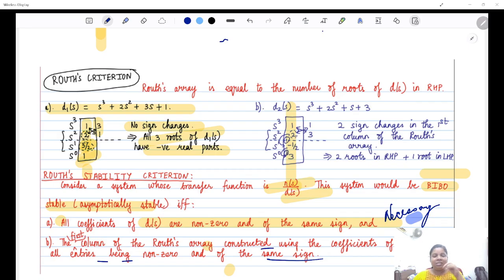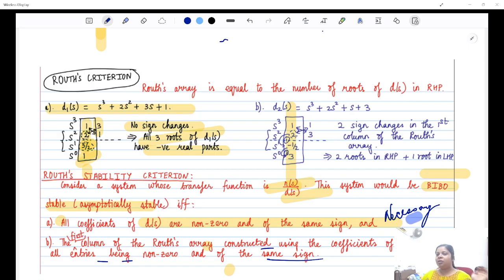Now, if it comes to be 0, that is another special case, and that has also been dealt with in the lecture, right? What happens if one of the entries in the first column is 0, and the other case is what happens if the entire row is 0. In one of the cases we replace it by epsilon and then proceed forward, assuming epsilon is a very small positive number.